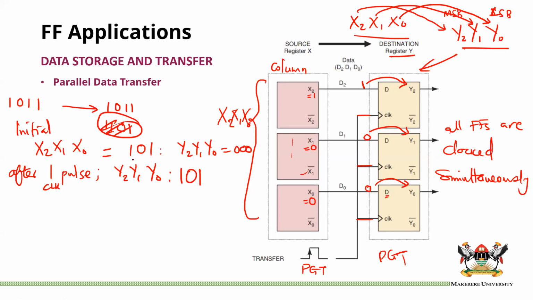Now, what about x2, x1, x0? What are they now, after the first pulse? I'm looking in the chat. Oh, 0, 0, 0.